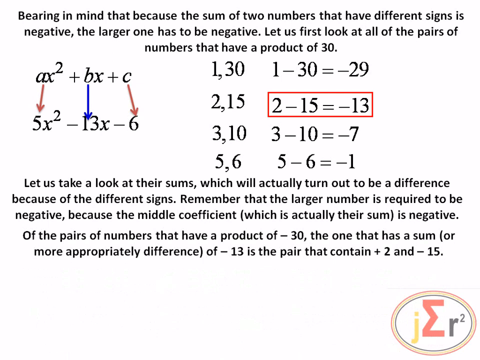Of the pair of numbers that have a product of negative 30, the one that has a sum, or more appropriately difference, of negative 13 is the pair that contains positive 2 and negative 15.